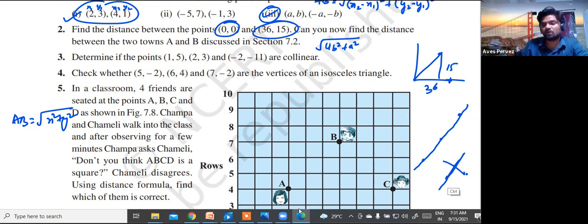So what is the difference? It is simple, dear students: collinear points are those points through which a single line can be passed.